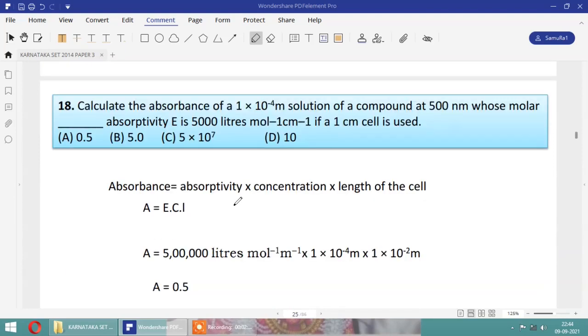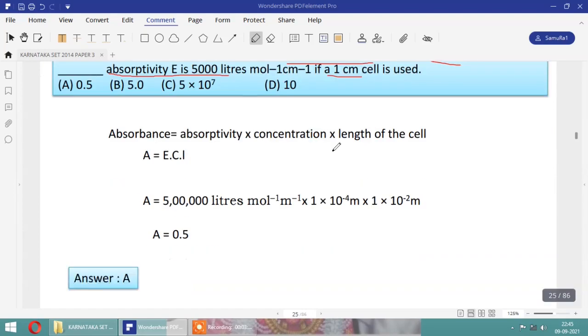Calculate the absorbance A, where a 1 times 10 to the power minus 4 molar solution concentration was given at lambda 500 nanometer, with molar absorptivity extinction coefficient 5000 liters per mole per centimeter. For the cuvette, the cell length is 1 centimeter. Here you remember this formula: absorbance equals absorptivity times concentration times length of the cell, A equal to epsilon C l.